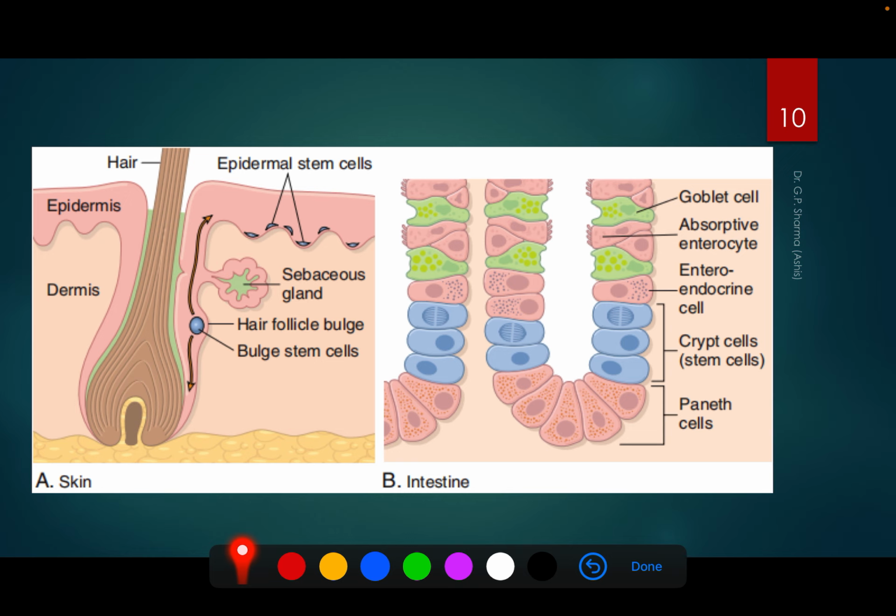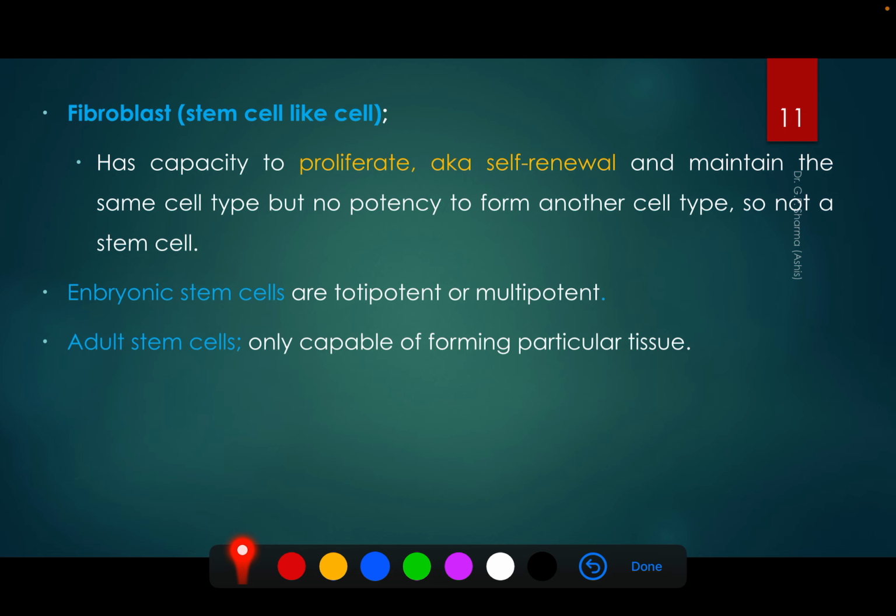We have stem cells in the liver. So the names of these stem cells are different, we have to remember. And another point we have here is about the fibroblast. Fibroblast has self-renewal capacity. It can proliferate, right? But it cannot maintain the number of fibroblasts again. That's why we call this stem cell like, but this is not an actual stem cell. Okay.